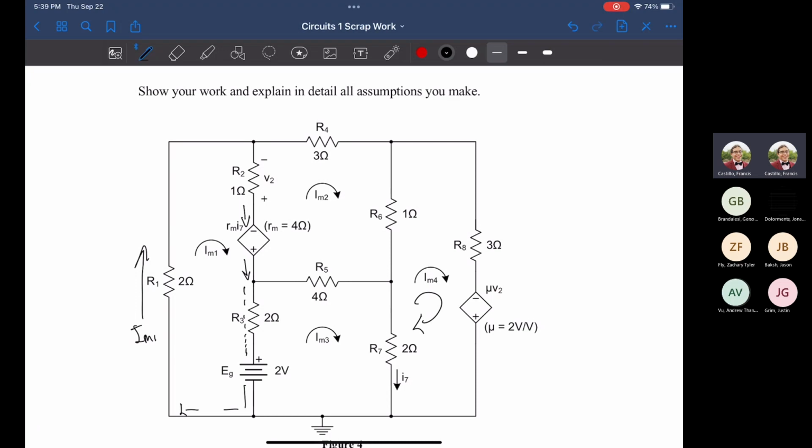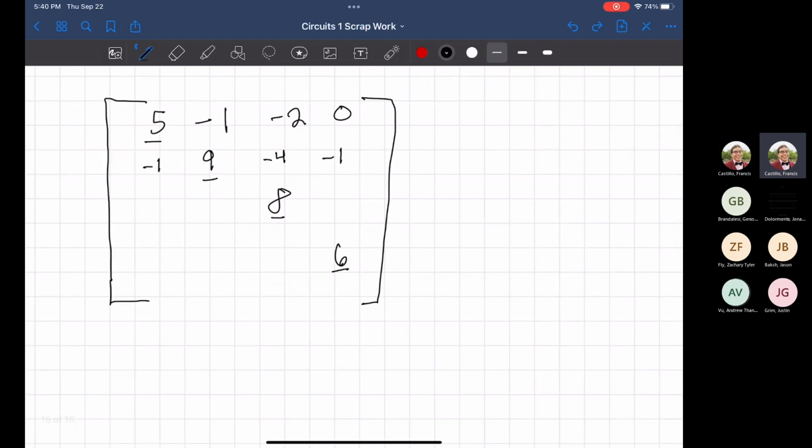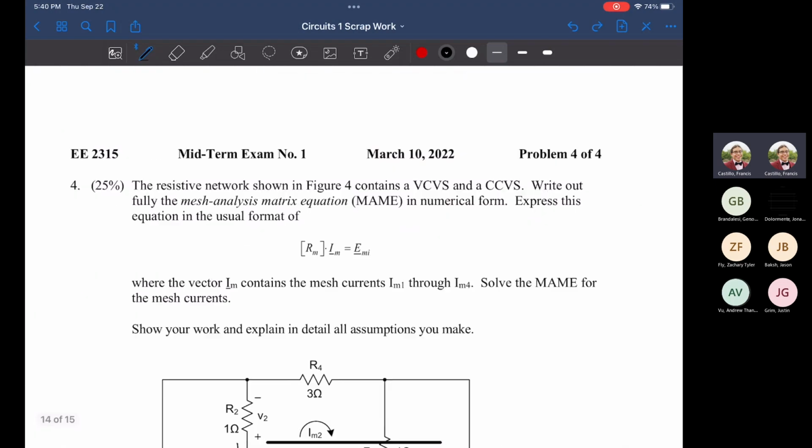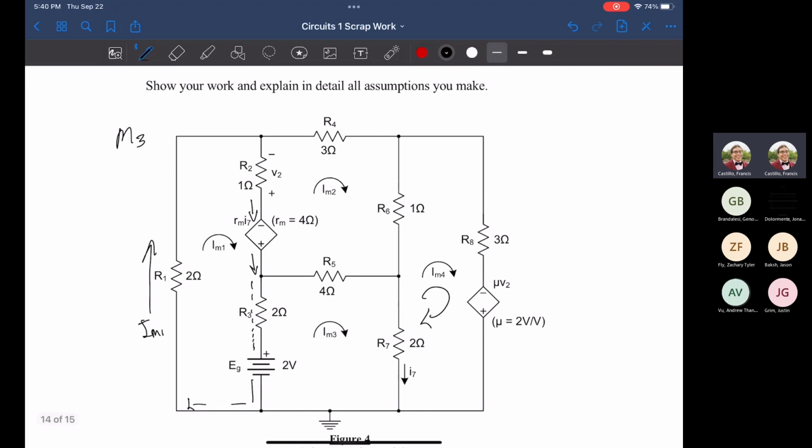Again, just to show where those numbers are coming from, all you're looking at is whether there is a shared component between the two meshes you're currently observing. So it would be 2, 4, and 1, which is what we write respectively for mesh 1, 3, and 4, which is the difference of those: -1, -4, and -1 again. Same thing for mesh 3. We're currently looking at mesh 3 right now. Is there any shared component between mesh 1 and 3? There is.